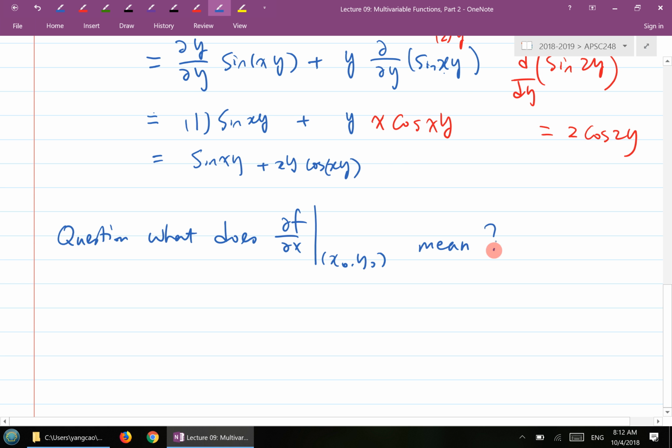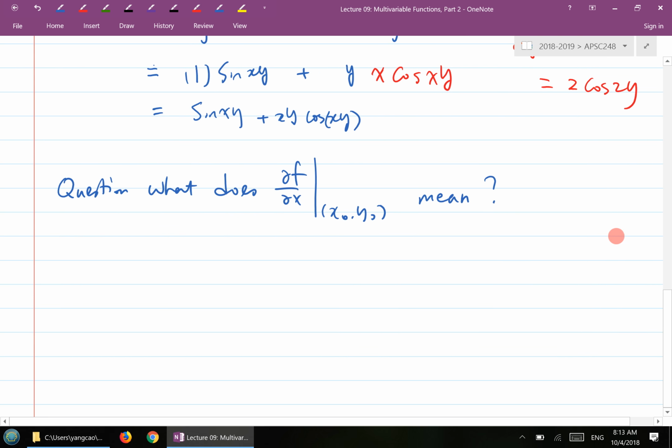What's the physical meaning of this partial derivative at a certain point? Basically, what we're looking for is the geometric meaning of this partial derivative at a certain point. And I think I'll start with df over dx for functions of a single variable.